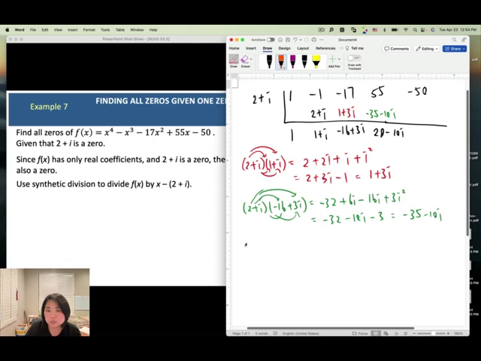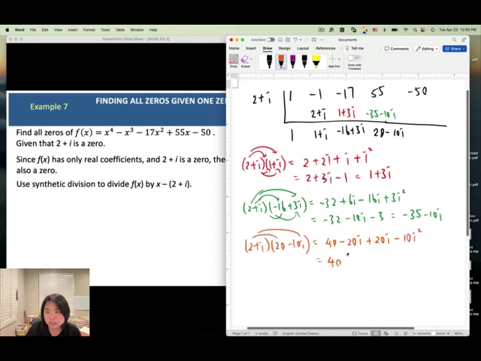Okay, another one, 2 plus i times 20 minus 10i. Okay, that will be 40 minus 20i plus 20i minus 10i squared.